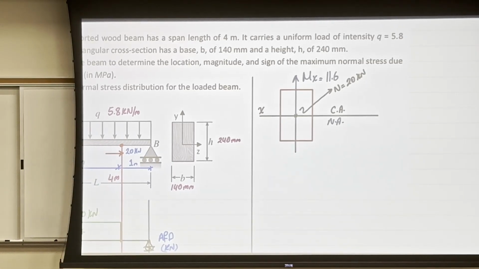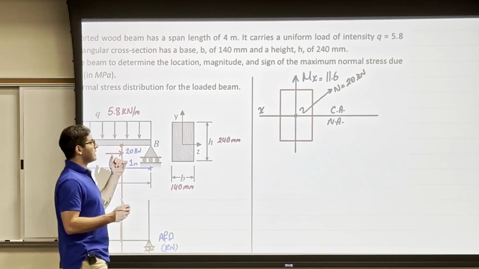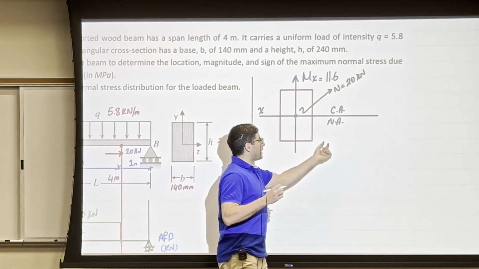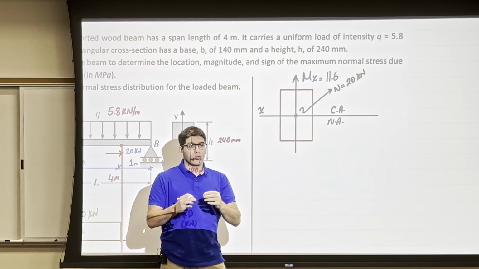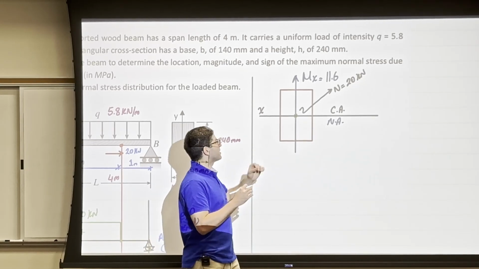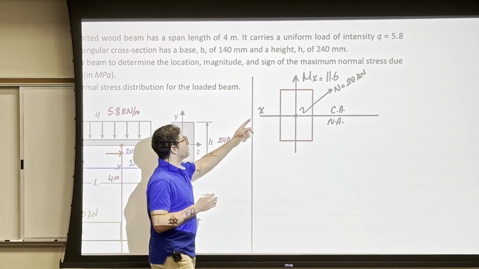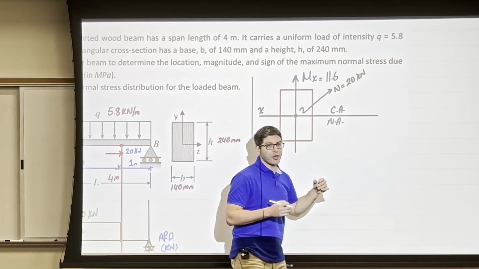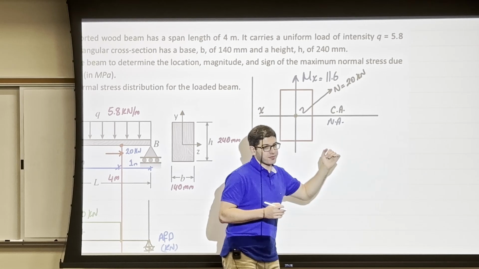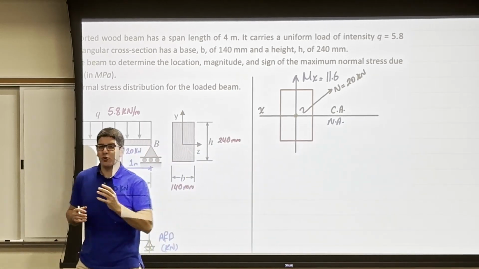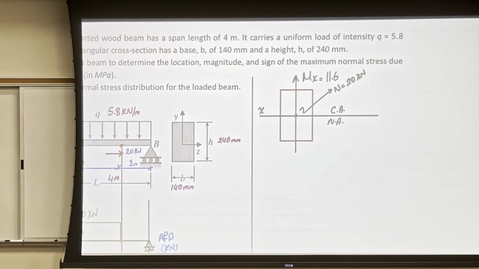As we explained at the beginning of the lecture, the neutral axis coincides with the centroid only when the section only has bending moment. But when I have bending moment and normal force, which is what we're going to show here, the neutral axis is going to be shifted. But let's at the beginning just assume it's in the middle, and we're going to change that in a moment.